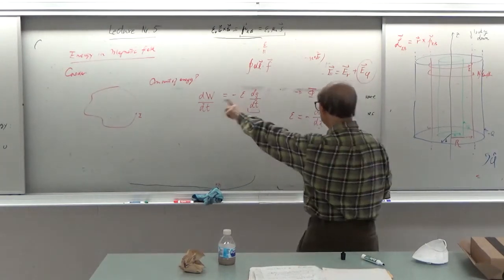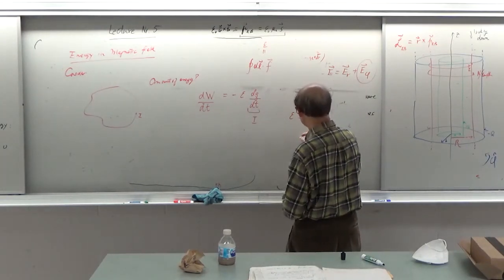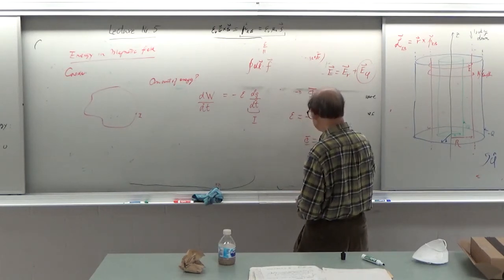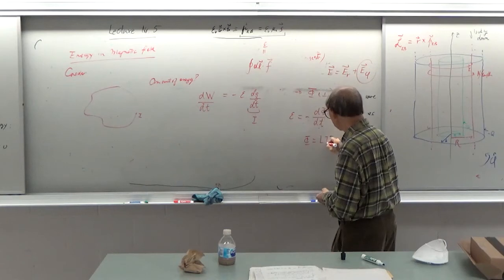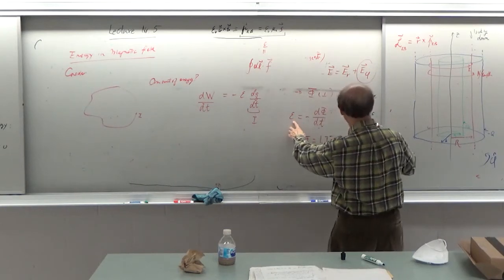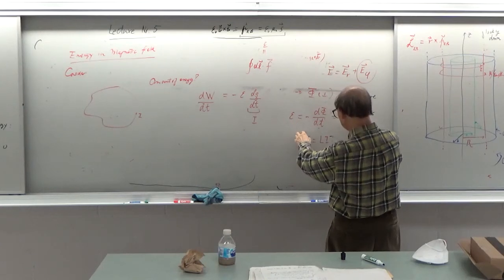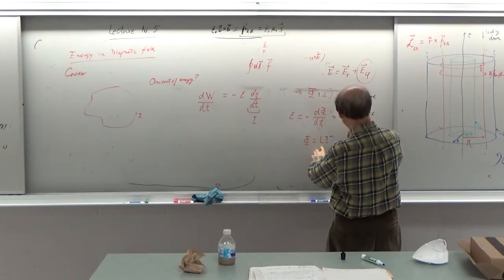And also for a circuit, Φ is equal to the self-inductance times current, so that the EMF is equal to minus L dI/dt.